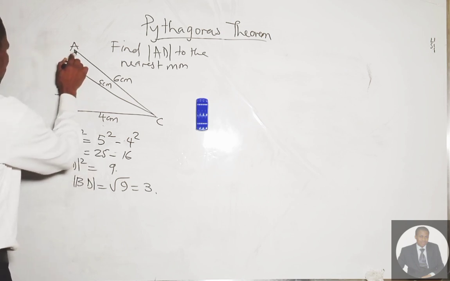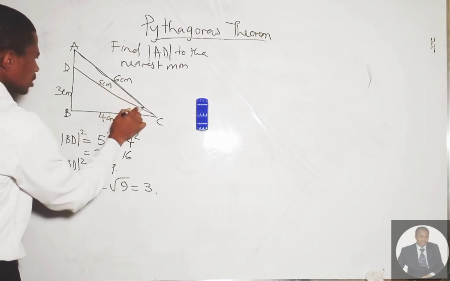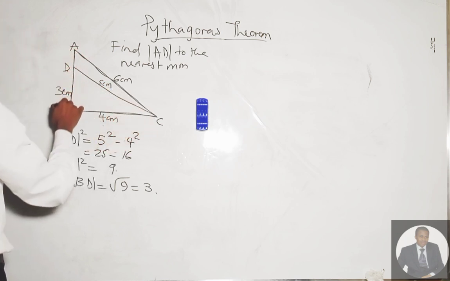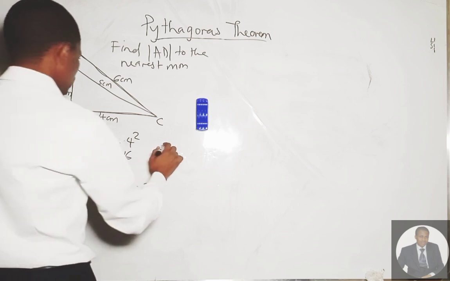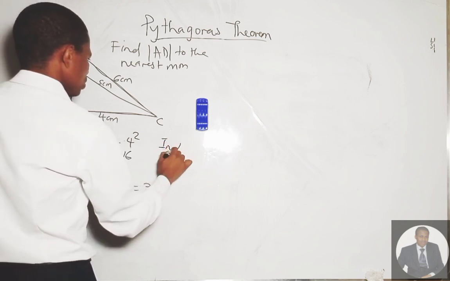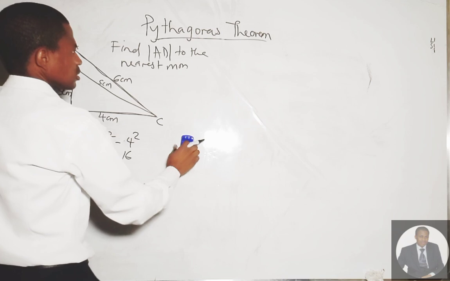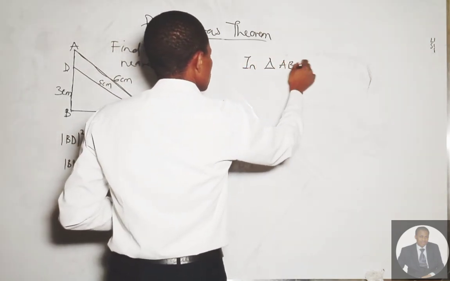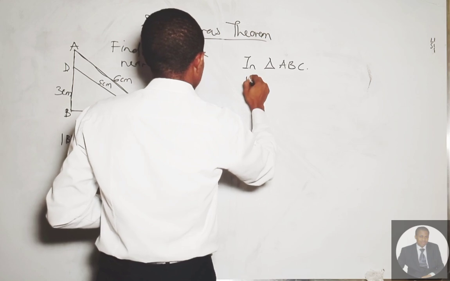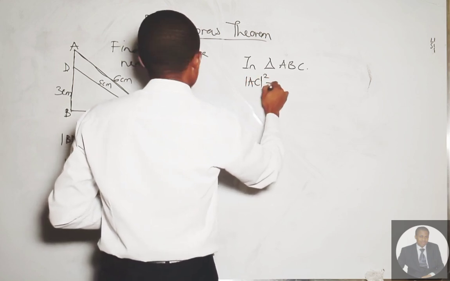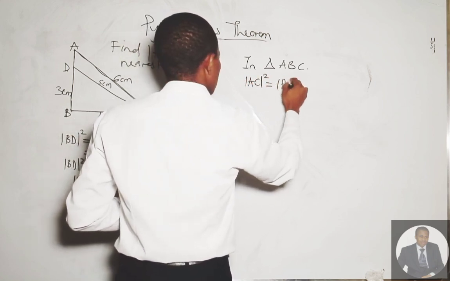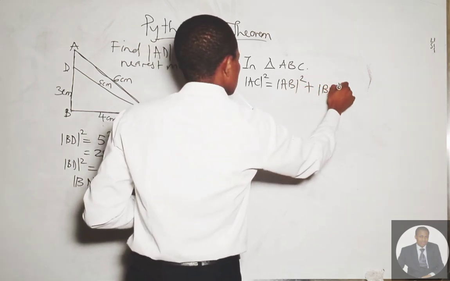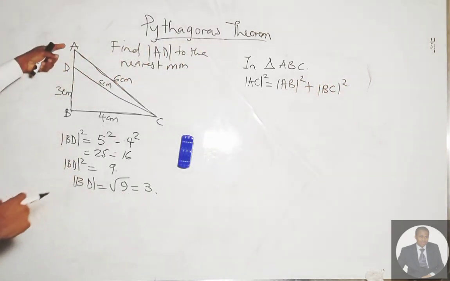We look at the bigger triangle ABC. So in triangle ABC, AC square equals AB square plus BC square. This is a bigger triangle.